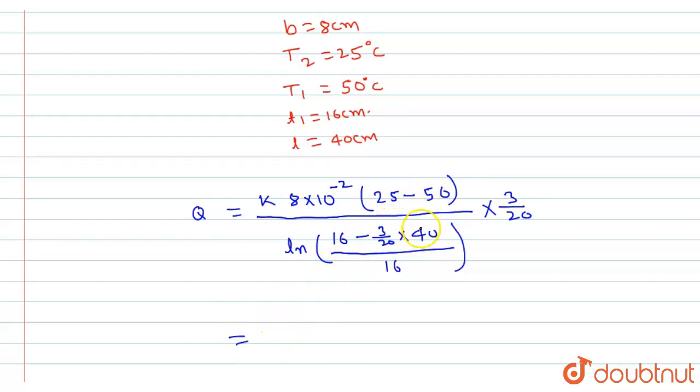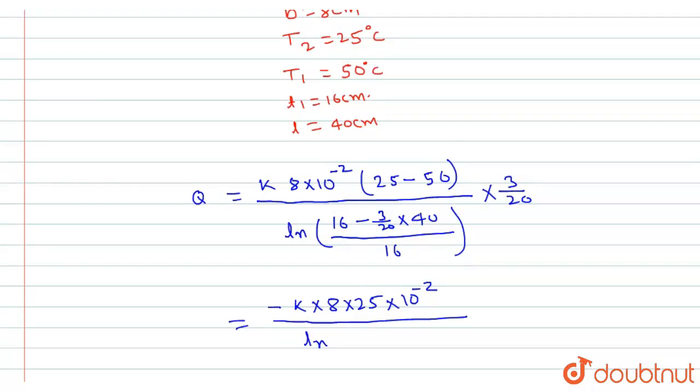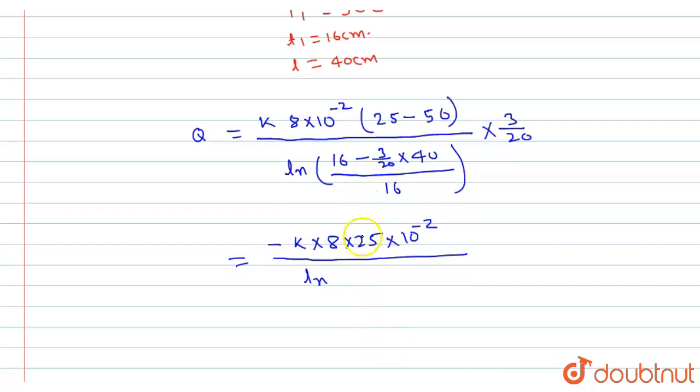So this is equal to minus K into 8 into 25 into 10 to the power minus 2 into 3 by 20, divided by ln of 10 by 16. ln 10 by 16 means 5 by 8, ln 5 by 8. Clear? And this is equal to 3 divided by 20.